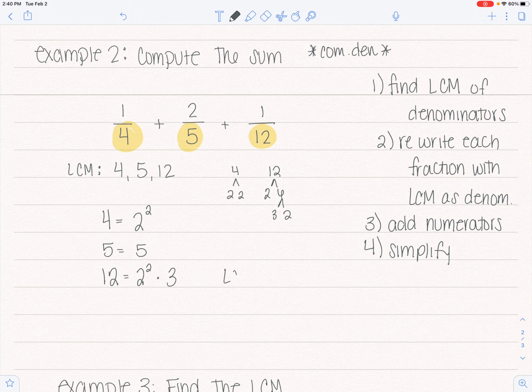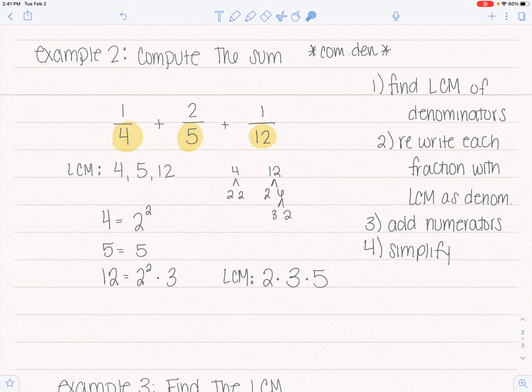Okay, so to find the least common multiple, I'm looking for all the unique factors. So on this side, all the unique bases, I see a 2, I see a 3, and I see a 5. So I'm going to have 2, 3, and 5. The exponents on those are going to be the highest exponents.